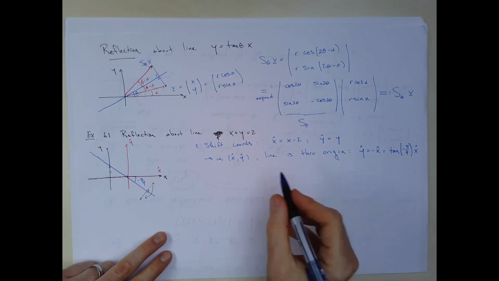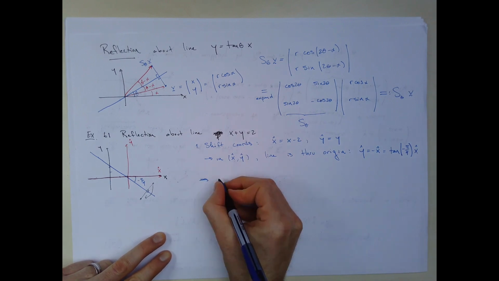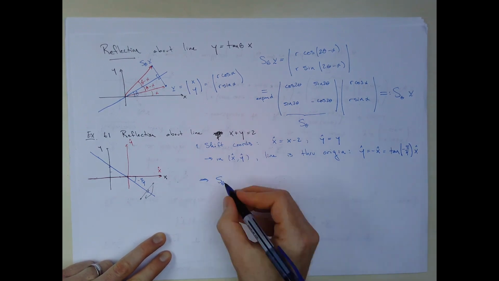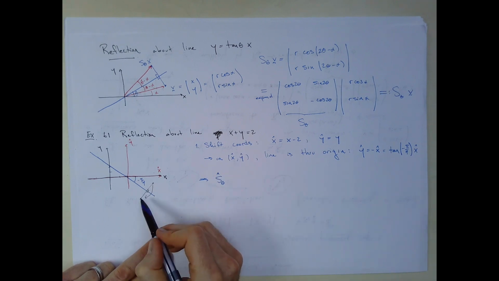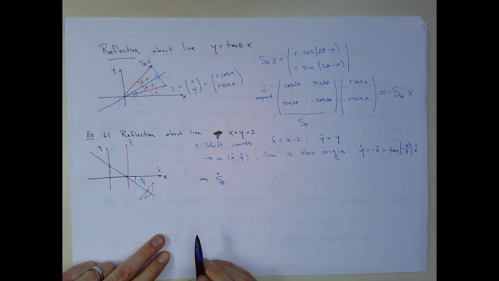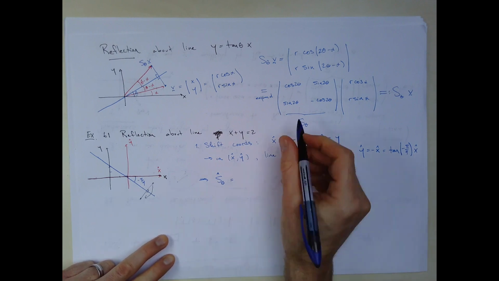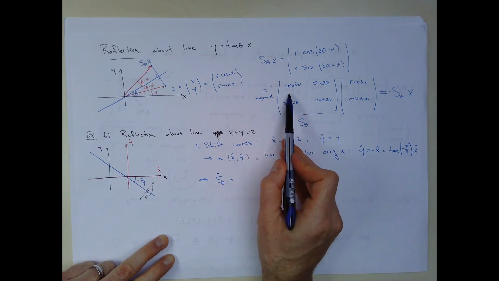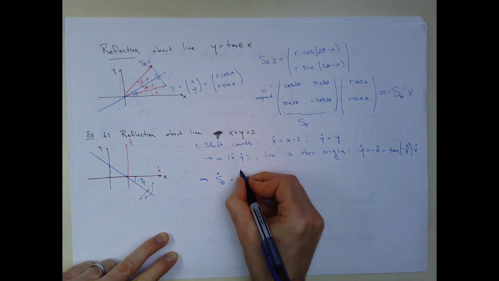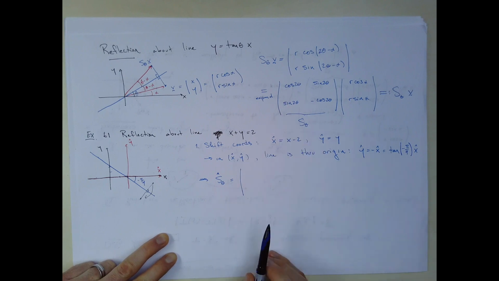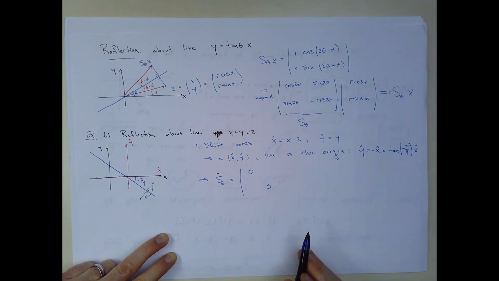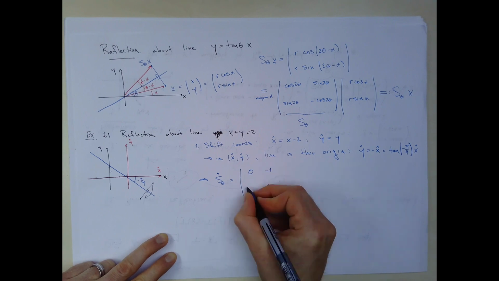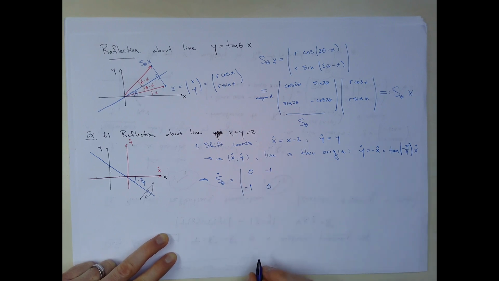And so S theta hat, that's the matrix representing that reflection in the hat variables, we just read it off, putting theta equals minus pi over 4 in the form up here. The cosines go away because those become cosines of minus pi over 2, so zeros on the diagonal, and sines of minus pi over 2 on the off diagonal. So we get 0, minus 1, minus 1, 0.